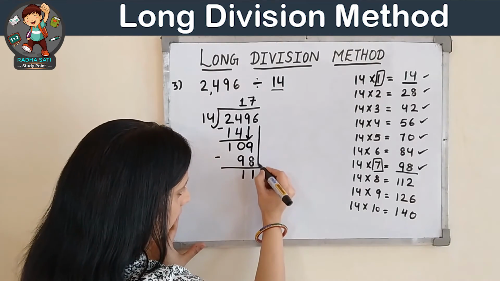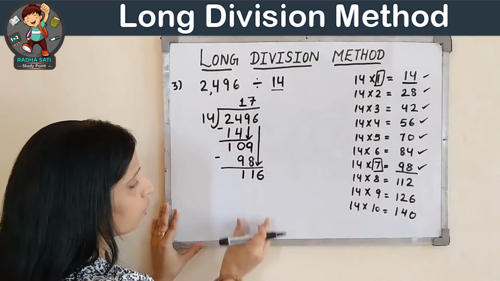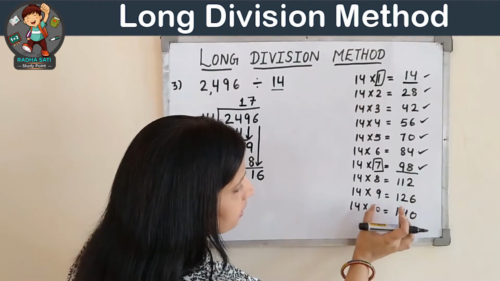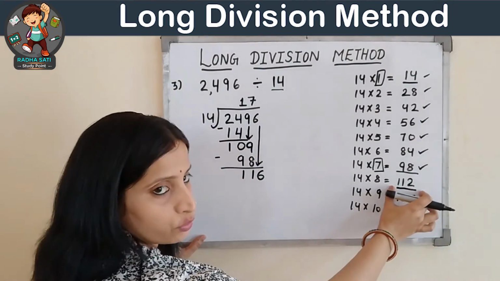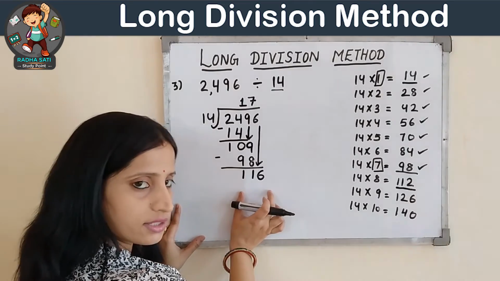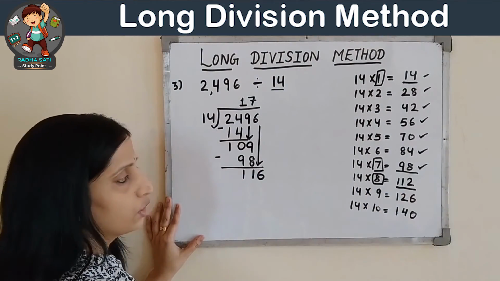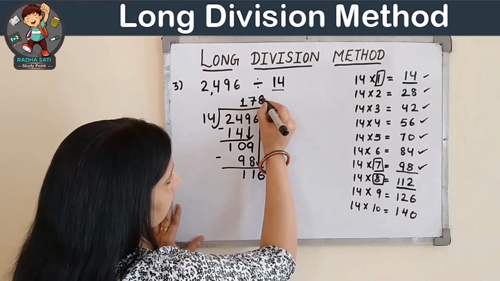So now again the next step is write down 6 here. So now we will check for 116. We can see that the number 112 is just less than 116. And it is coming in 8 times. 14, 8 ja 112. So we will write 8 here.